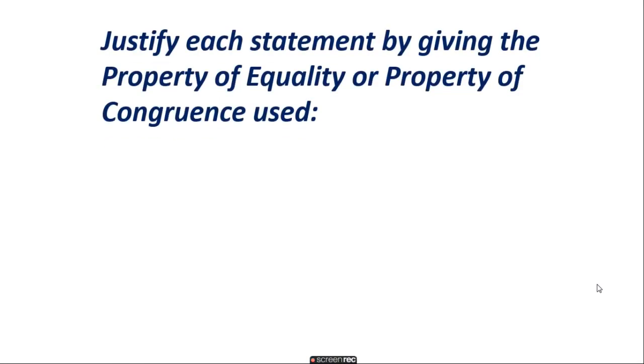In these given examples, we're going to justify by giving the property of equality or the property of congruence that is used. Okay, so we have the first one. If Tx is equal to Bk, then Bk is equal to Tx. Now, be careful about the sign. What do you think is the property of equality or property of congruence that is being illustrated in this?